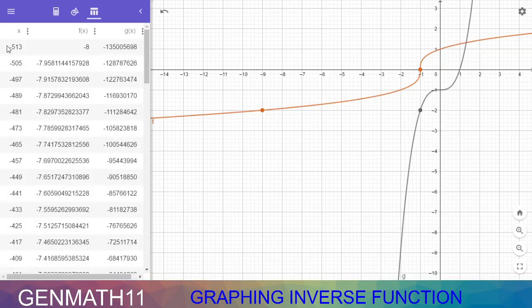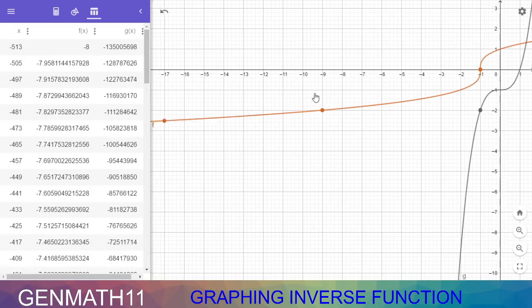Kapag ang x natin is negative 513 dito sa ating original function, ang kanyang f of x ay negative 8. Nagkakabaliktaran, di ba? Pag negative 8 naman yung x niya, negative 513 naman doon sa isa.